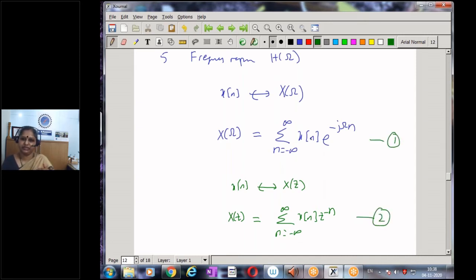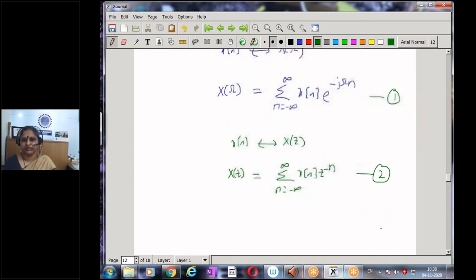The discrete time Fourier transform is given by equation 1, whereas the Z transform is given by equation 2. Making a quick comparison, we can immediately conclude that I can obtain the frequency response H of omega from the Z transform by replacing z by e to the power of j omega. So if I have the Z transform, I can quickly get the frequency response of the system.